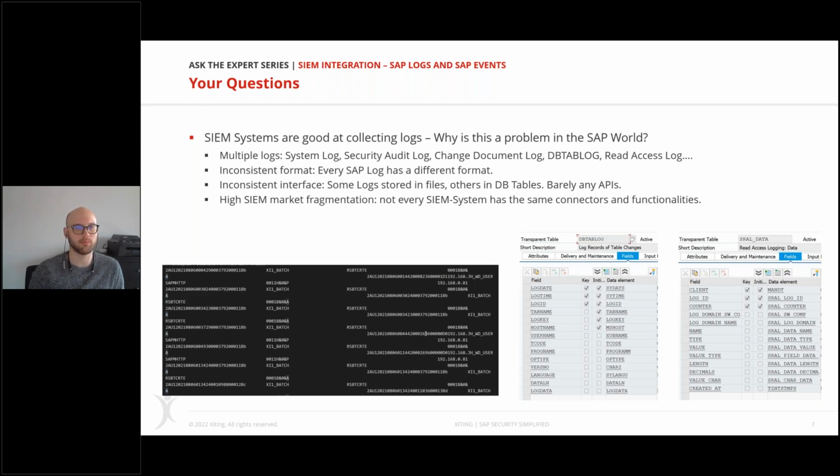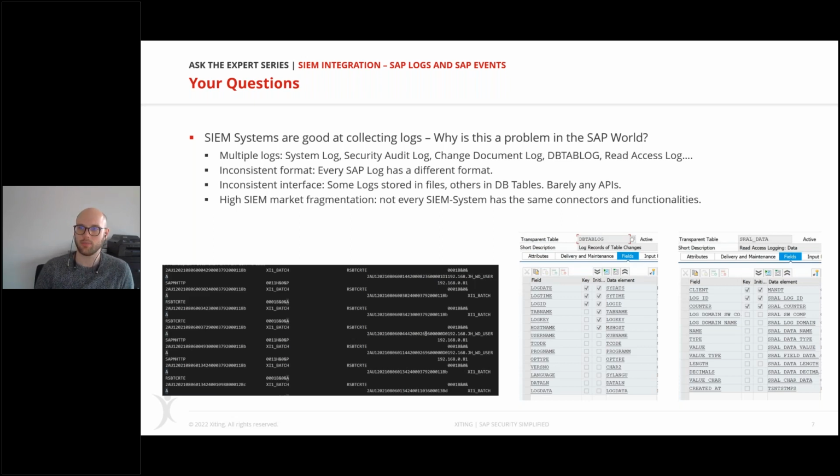In the SAP world, this isn't the case. And you have to know this. And you have to know what the different logs are actually recording and how they are configured and so on.